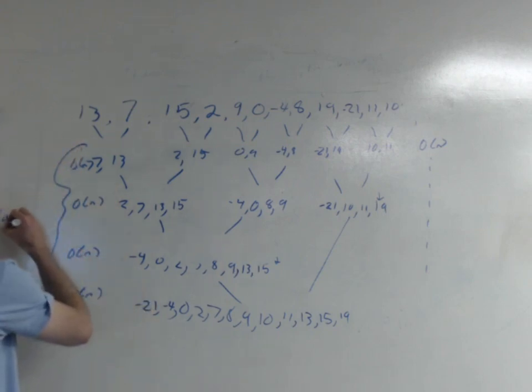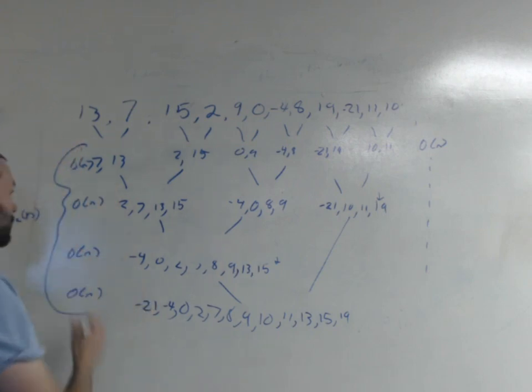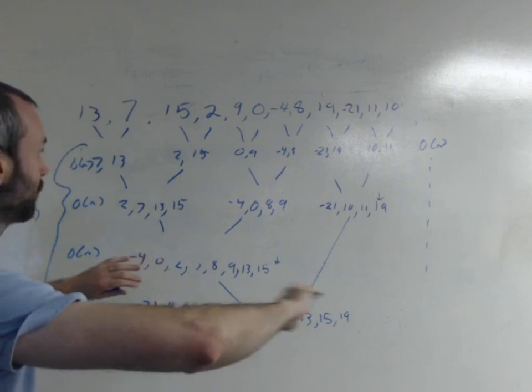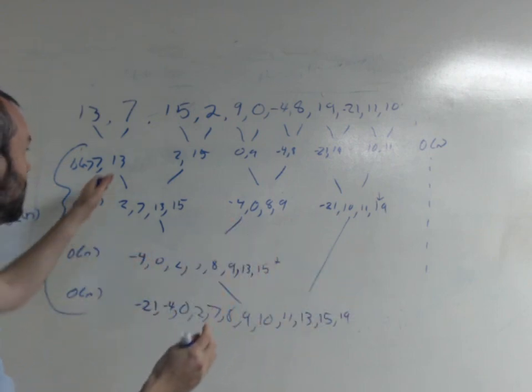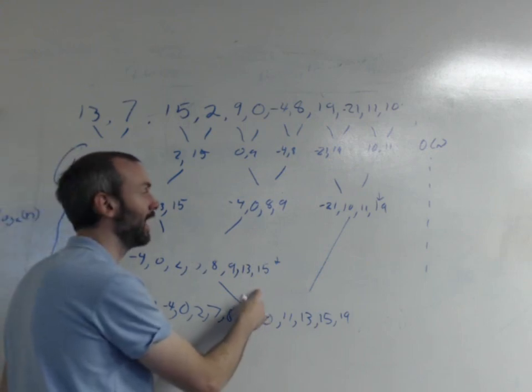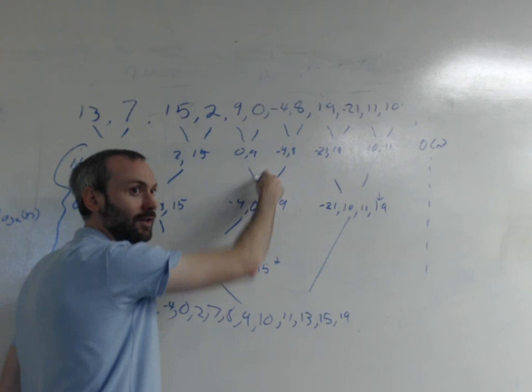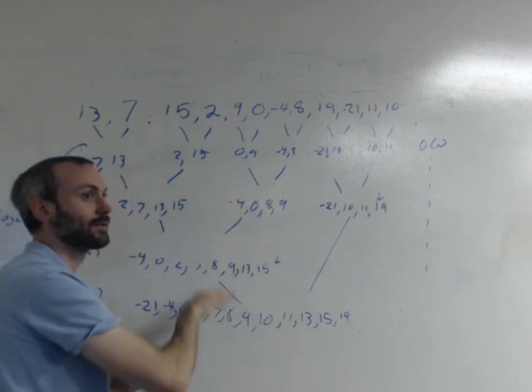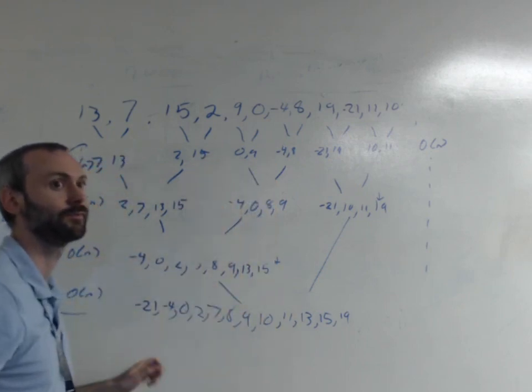There's basically log base 2 of n levels. Think of it the other way. You have this big thing down here, you're cutting in half, cutting in half, cutting in half, right? So if you look at it from the bottom up, it's the division by 2.